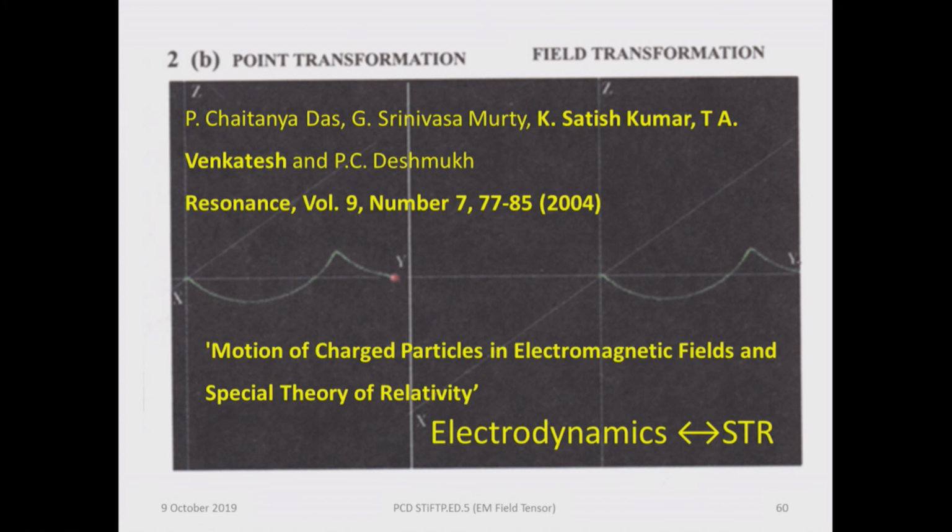What it gives is it splits the computer screen into two halves. On the left hand side, it gives you the solution that you obtain from the Lorentz transformation of the solution from the first set of equations, and on the right hand side of the screen, you get the solution of the new trajectory that you get by solving a new equation of motion using the transformation of E and B fields.